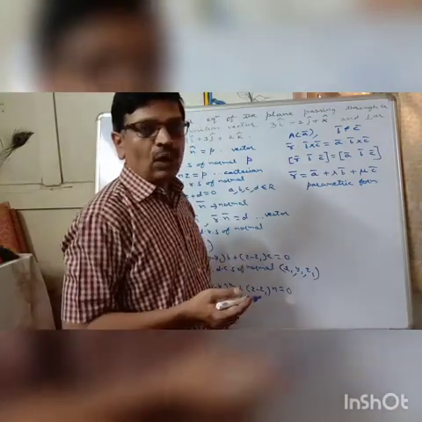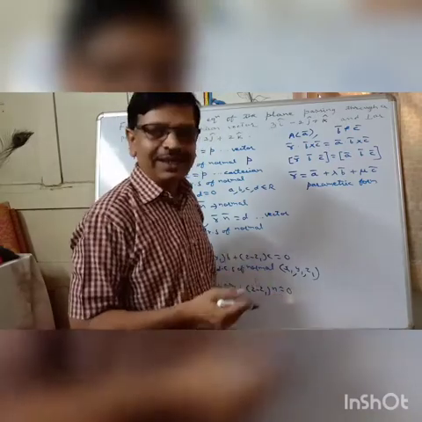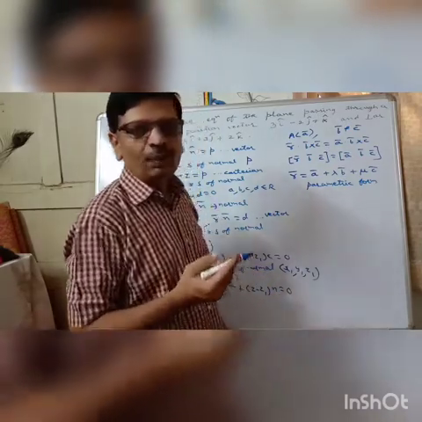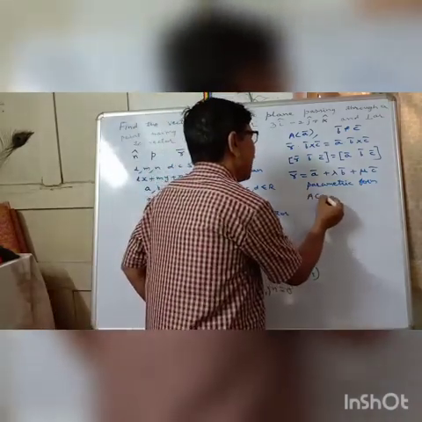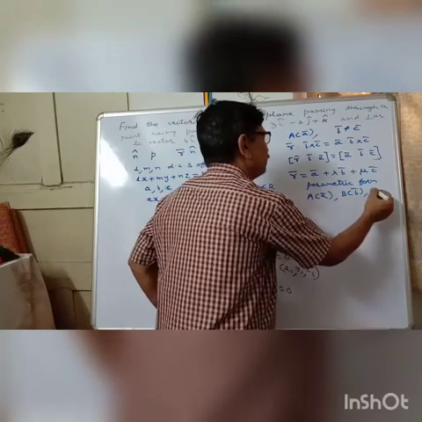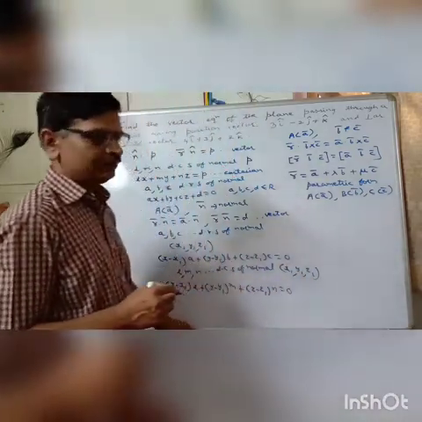If we know position vectors of any 3 points in a plane, then also we can write equation of plane in vector form. Suppose A, B, C are the 3 points in the plane with position vectors A bar, B bar and C bar.